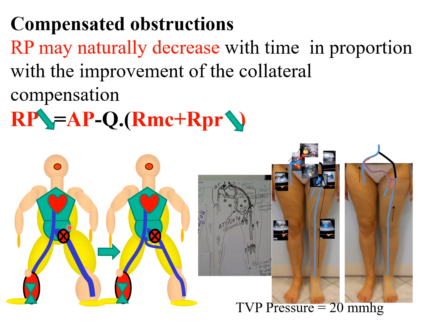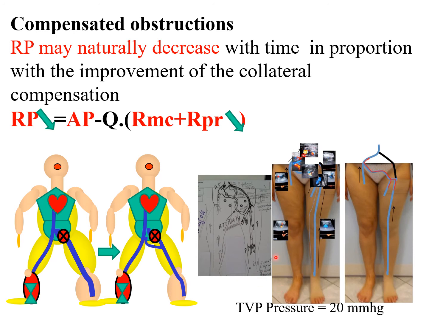The obstruction can be compensated by the collaterality, decreasing the resistance and then the pressure, and then relieving the effect of the venous insufficiency.